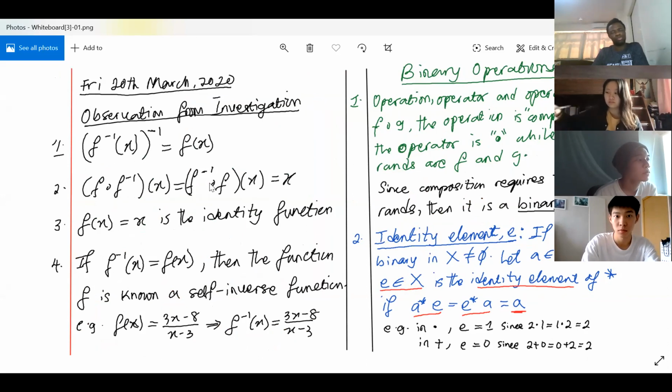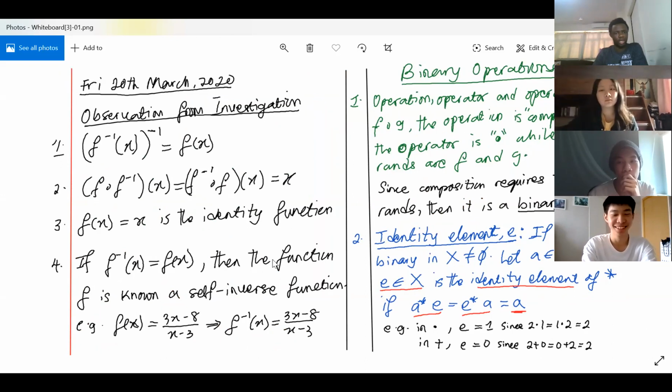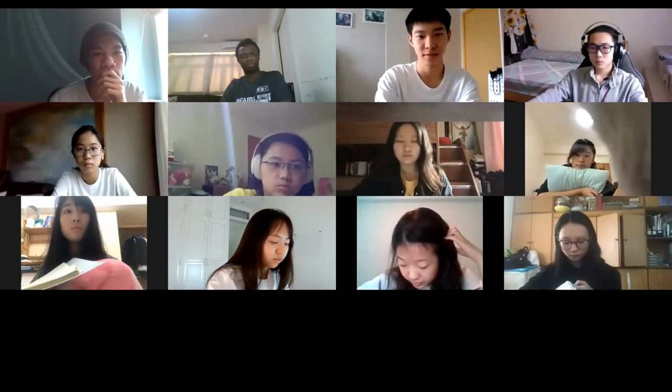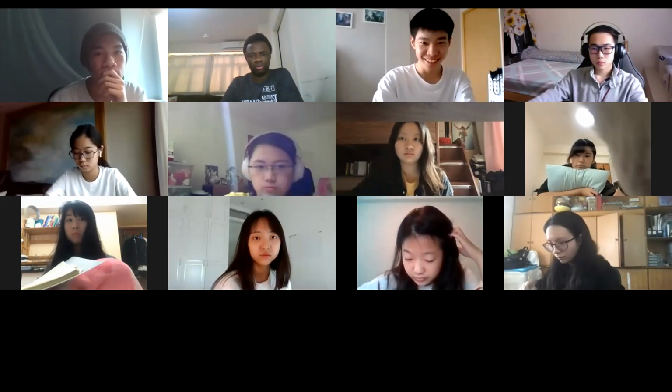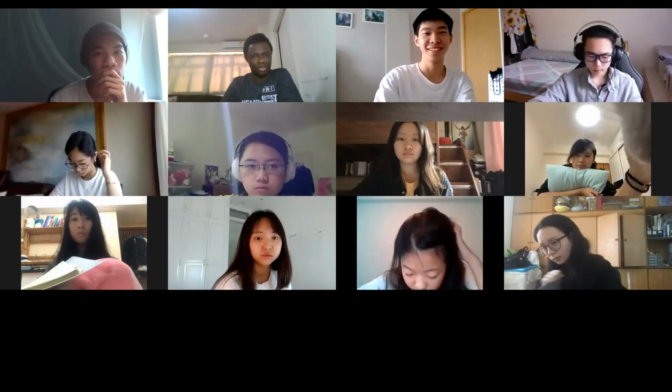When the function is composed with the inverse in any order, you get an identity function. If a function and its inverse are the same, it is called a self-inverse function. So these were the major things that we mentioned last time. We're going to need that and maybe some other stuff in today's lesson.